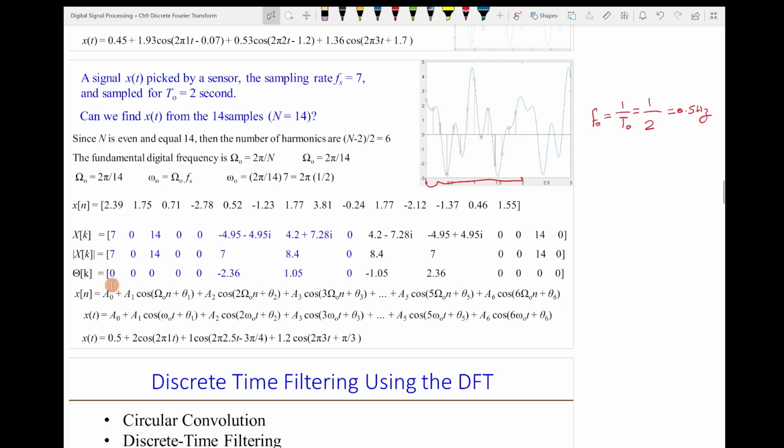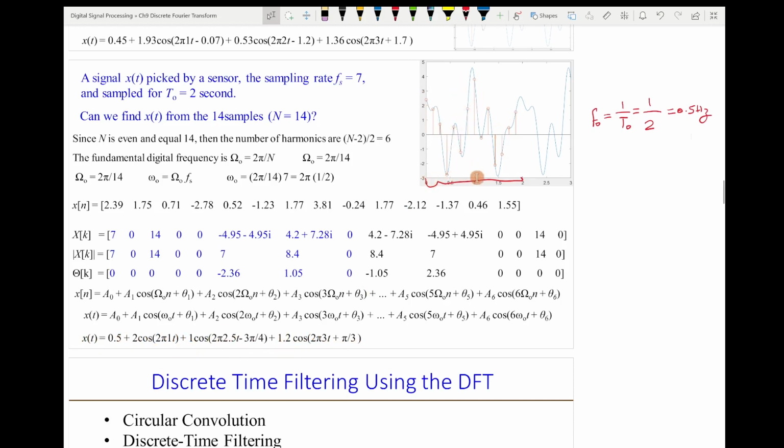And you calculate A0 the same way we did before, A1, A2, and A3, and theta 1, theta 2, and you will get this equation. Now, if I plot this equation, I will get exactly this continuous signal.